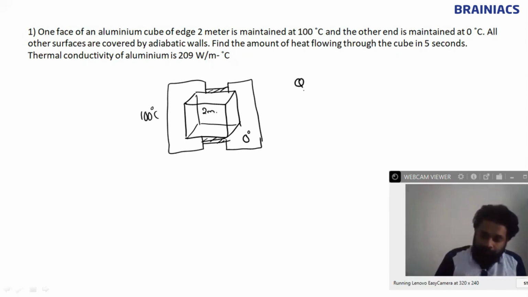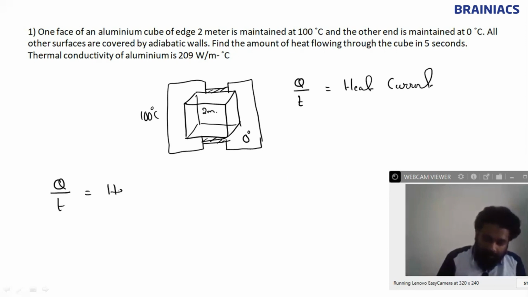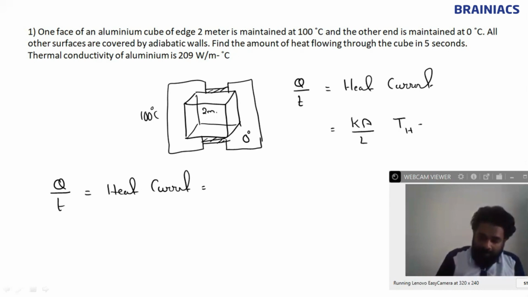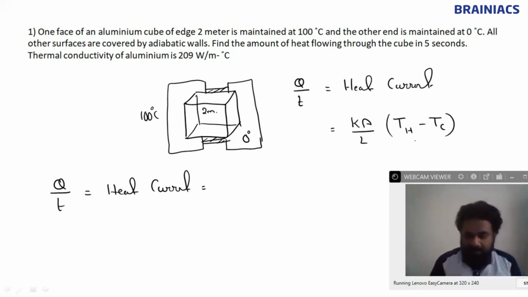So Q by T, we need to find it out. Q by T is the heat current. So heat current Q by T is equal to KA by L into (Th minus Tc).